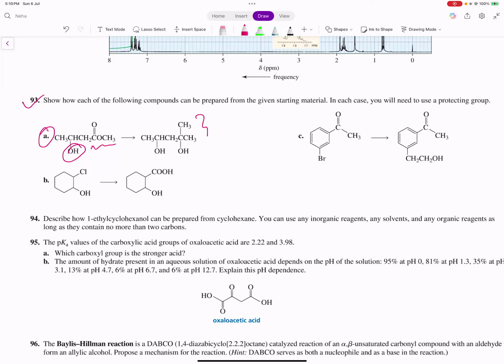And epoxide means that you have to convert this into something nucleophilic, right? Yeah. So what will that be? It will be a Grignard reagent.